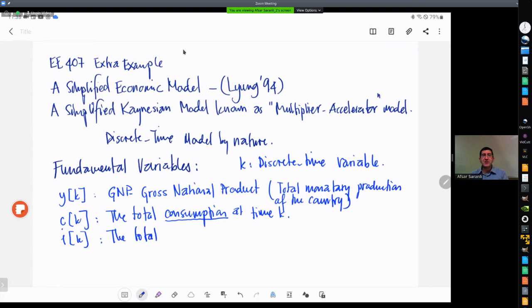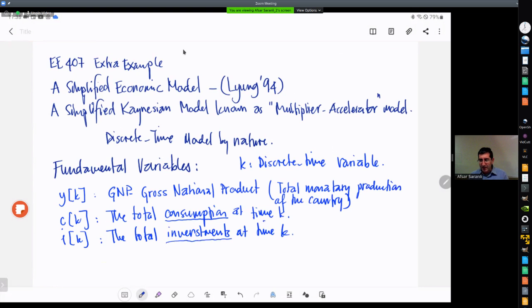So consumption is anything that you consume. It's like consumer products, it's not transformed into anything else, and it's not saved. We also have I of k, the total investments at time k. So we have consumption as well as investments.